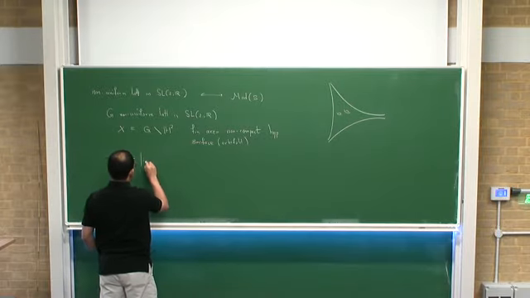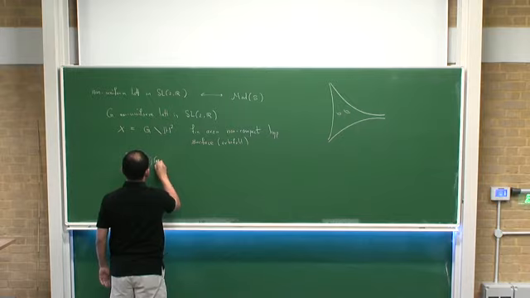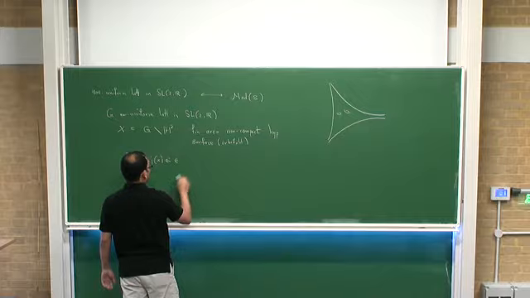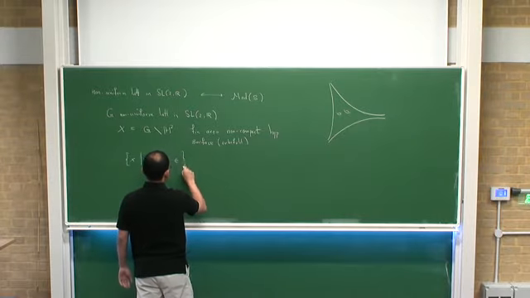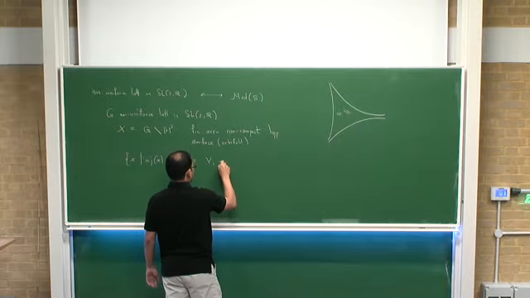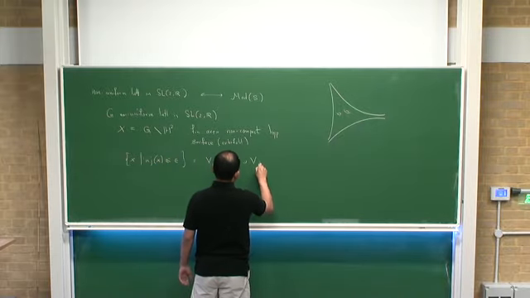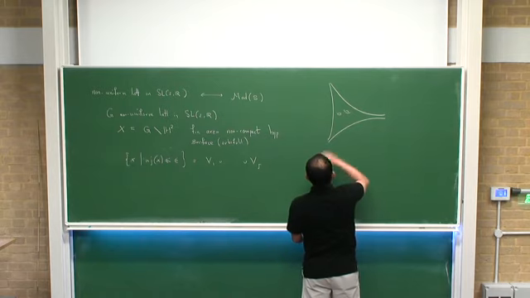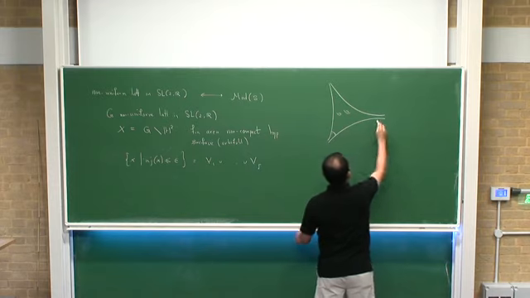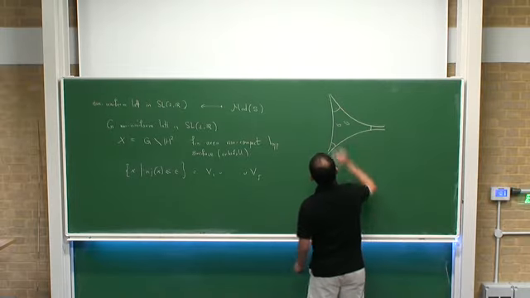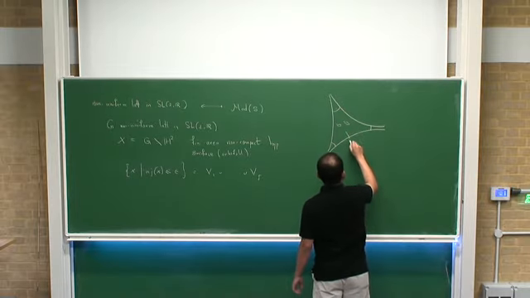There will be some epsilon small enough so that if you look at all points where the injectivity radius is less than epsilon, this set consists of just neighborhoods of the cusp. So there are some number of cusps here, and the thin part of the surface just takes out cusp neighborhoods. And then this is the thick part, which I'll call W.